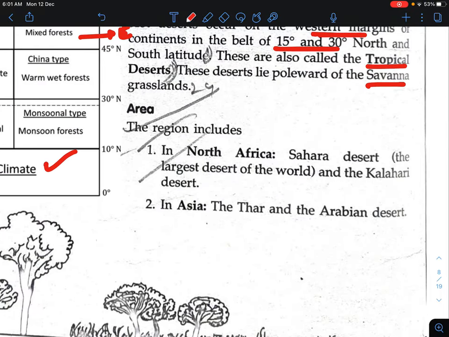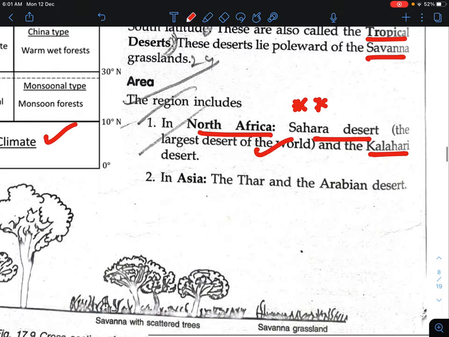First, if we talk about North Africa, there is the Sahara desert, the largest desert in the world. Please note, it can be an exam question: which desert is the largest desert in the world? It is the Sahara desert. After that, the Kalahari desert.